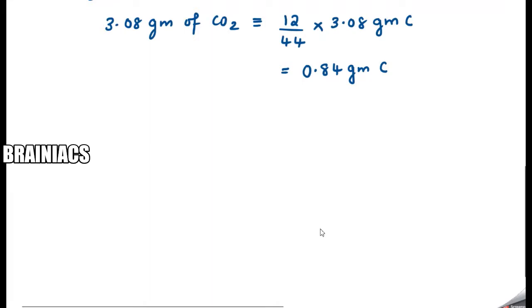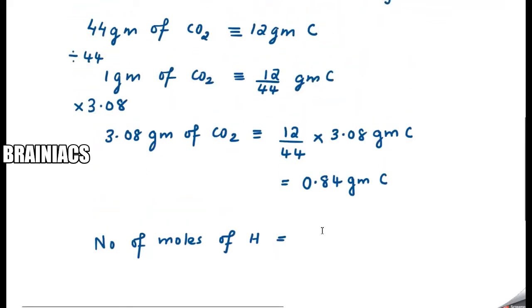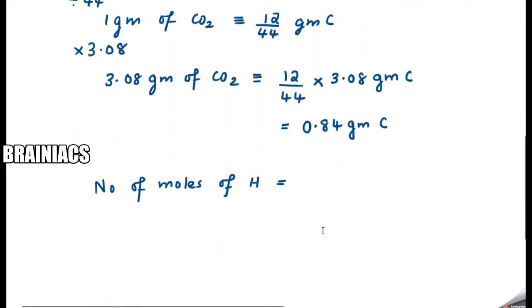So I can say the number of moles of hydrogen is equal to weight in gram. Weight in gram is what we have calculated, that 0.08, divided by the mass of hydrogen. We know the mass of hydrogen being 1. So we will get this as 0.08. Correct?